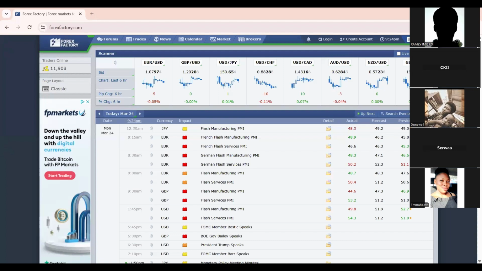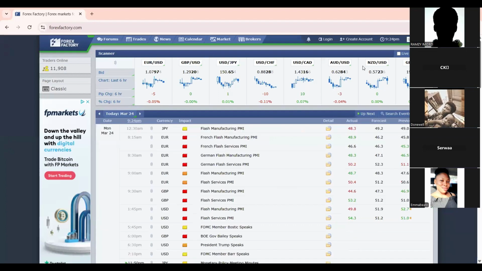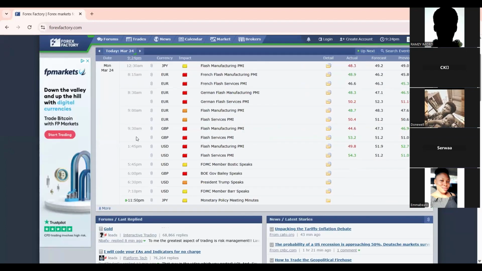All right, so now, for example, let me bring them up. Okay, so now, as you look at this area, you can see some red folders, some yellow folders, some kind of brown folders.